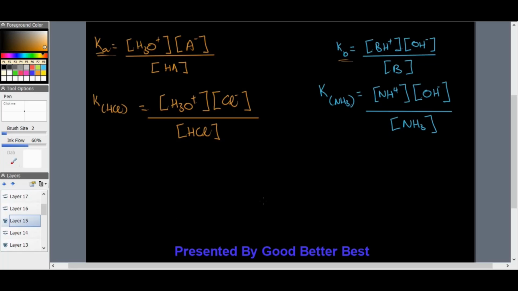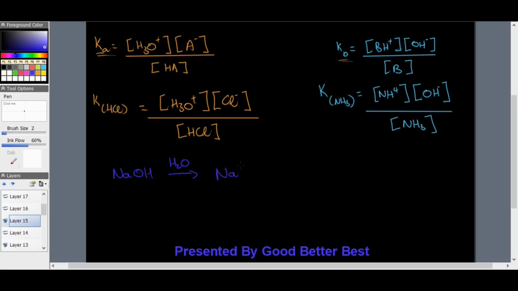This does not exist for strong bases, for example. So this one wouldn't exist for a strong base, because strong bases dissociate completely in water. If we take a strong base such as sodium hydroxide, NaOH, which is a very strong base, and you react that with water, it dissociates completely into sodium and hydroxide ions.